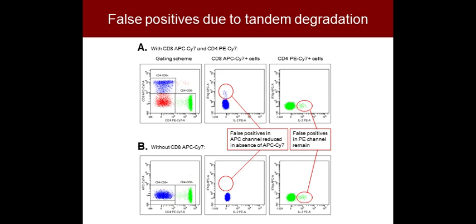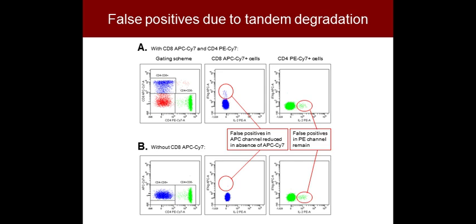There's a subpopulation there of events that you see in the middle and in the right-hand panel. They're circled, and they're beginning to look positive for interferon gamma APC or for IL-2 PE. And you might be fooled and think that these are in fact cytokine positive cells, but they're not. These samples weren't even incubated in Brefeldin A to accumulate intracellular cytokine.